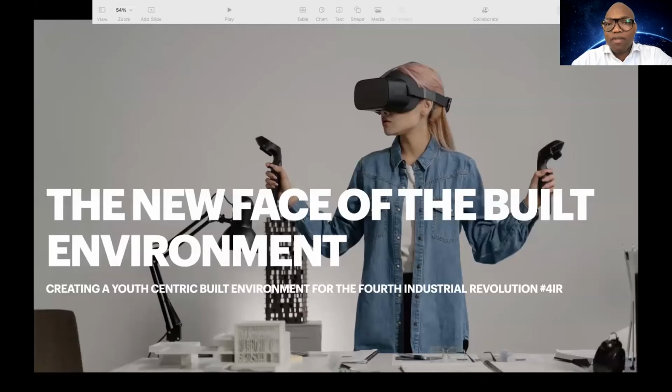And the council is geared at representing the interest of the youth, the South African youth within the ICT sector. And we focus on policy directives as well as economical activity at large.